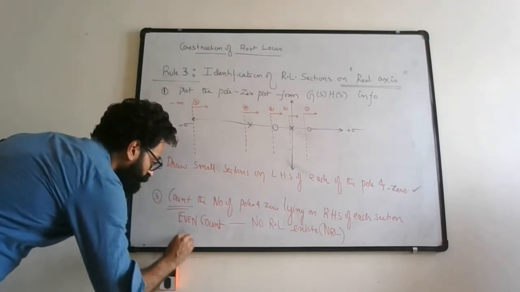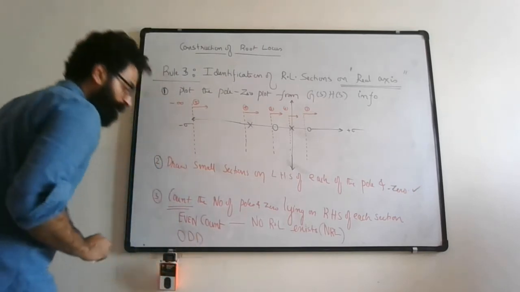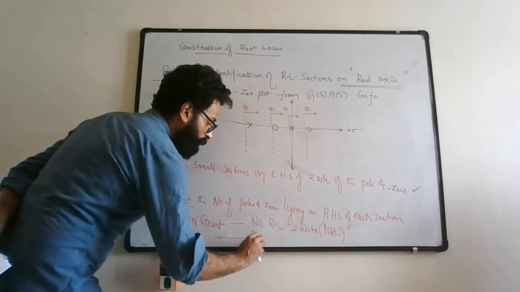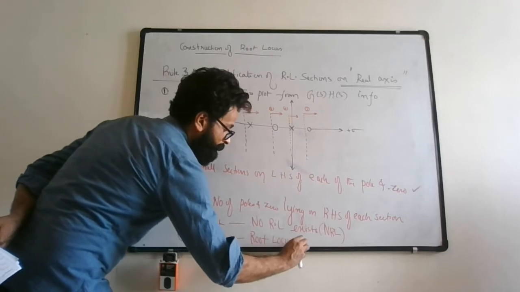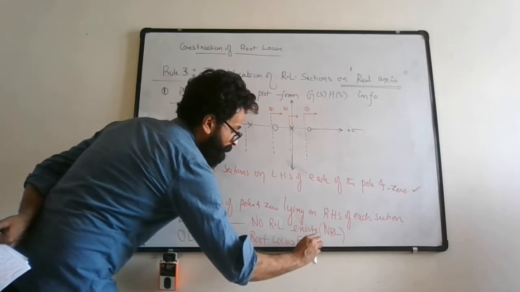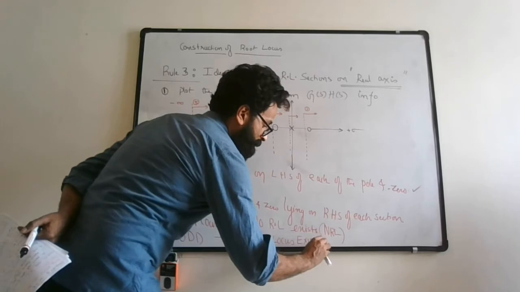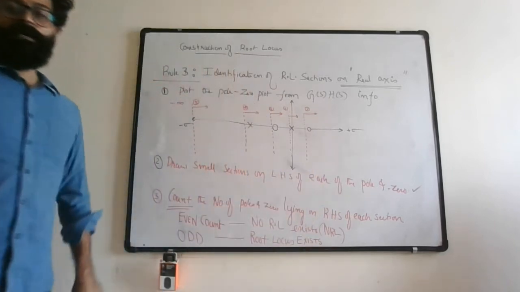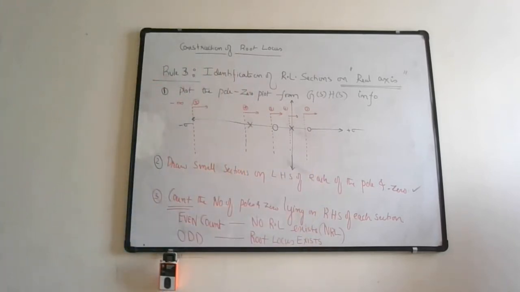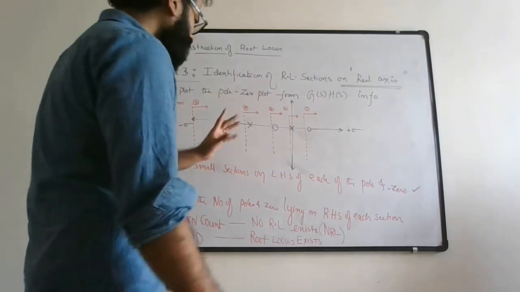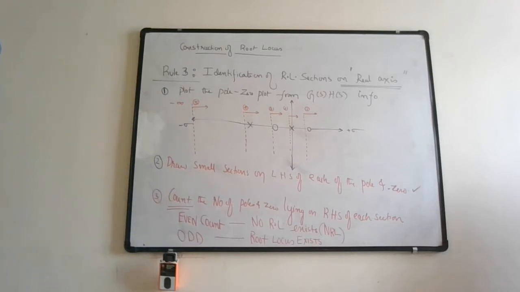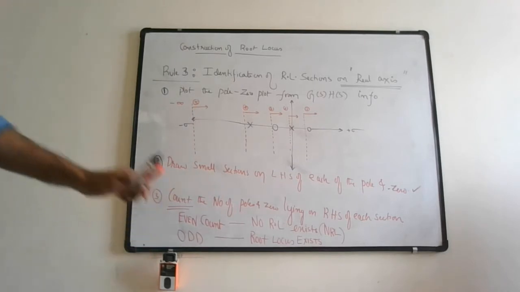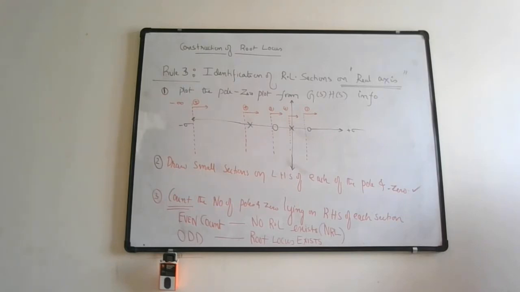On the other hand, if you get the count as odd, then you would say root locus exists. So this is your rule number 3. All are observation based rules, and all these rules have been proposed by the inventor of root locus, that is Evans.